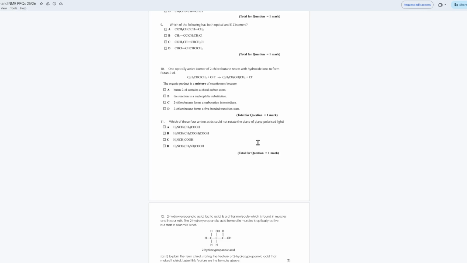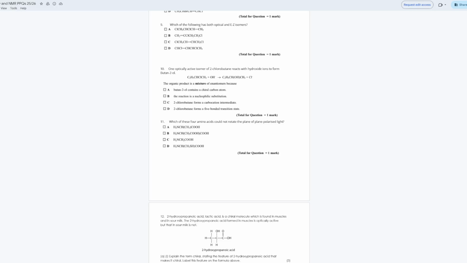Let's see. Let me just look at this again. Is a mixture of enantiomers. Wait a minute. Maybe it's C again. Maybe it's A. No. You get a mixture of enantiomers in both of the examples we looked at.